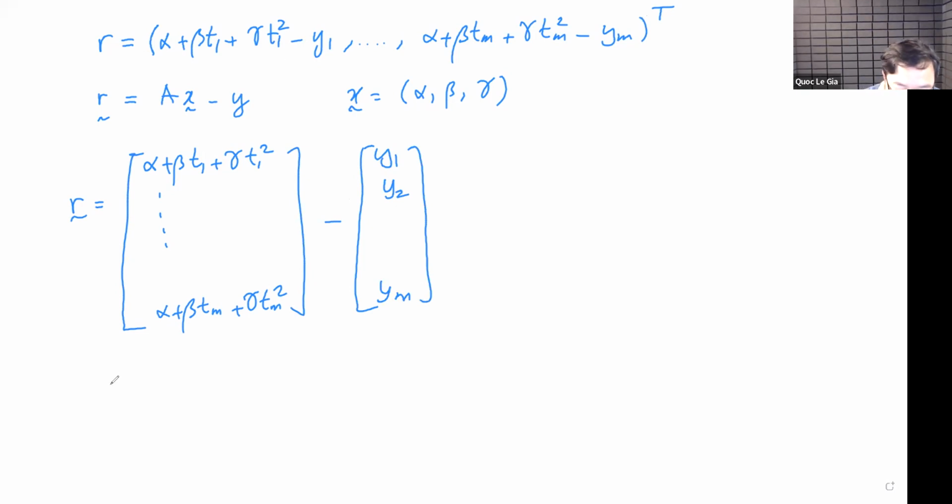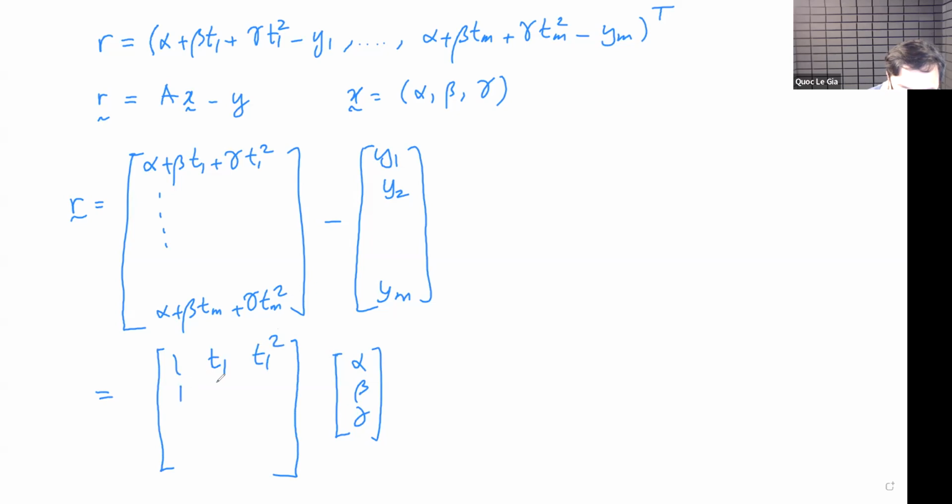The first vector, with alpha, beta, and gamma pulled out, has rows 1, t1, t1 squared, then 1, t2, t2 squared, and so on up to the last row, 1, tm, tm squared.